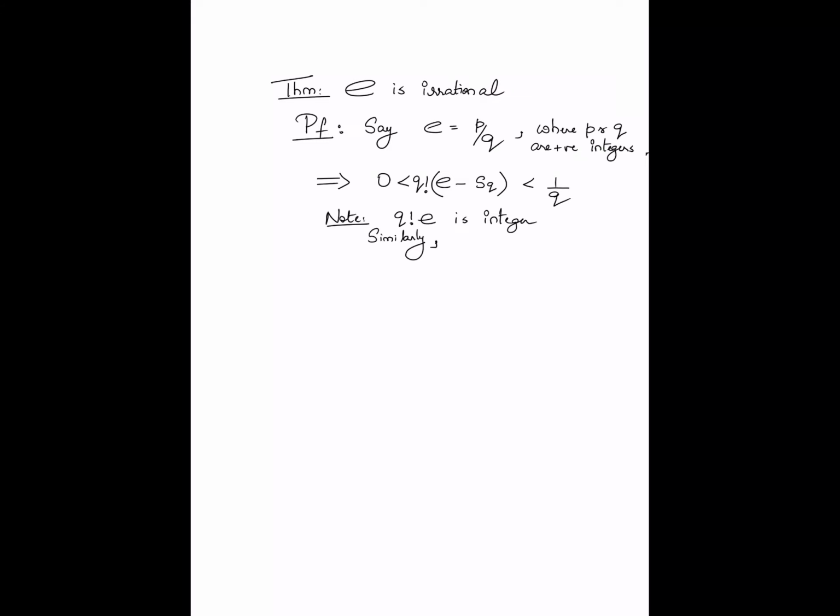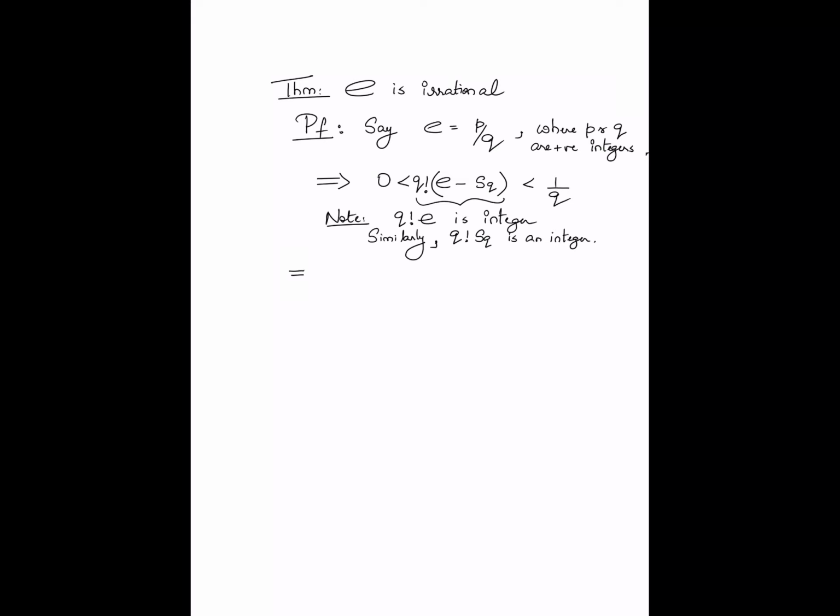So when you multiply with Q factorial, Q factorial times SQ is also an integer. So this object right here is the difference between two integers and is therefore an integer.